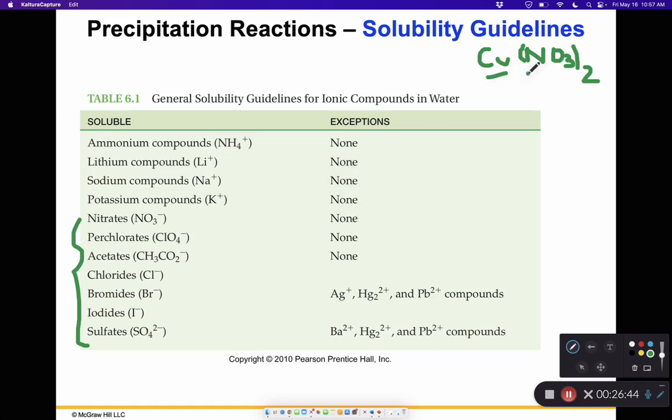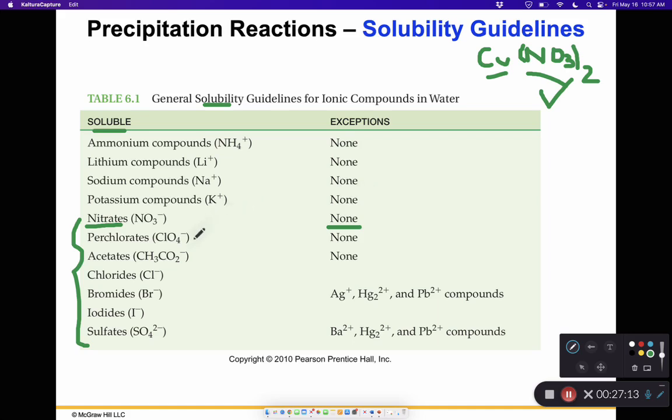I have to look at the anion. My anion is nitrate, and from the solubility guidelines, nitrates are always soluble in water. There is no exception. It means copper nitrate is a soluble compound. That's how we extract the information.